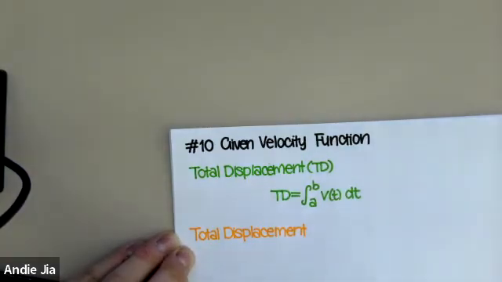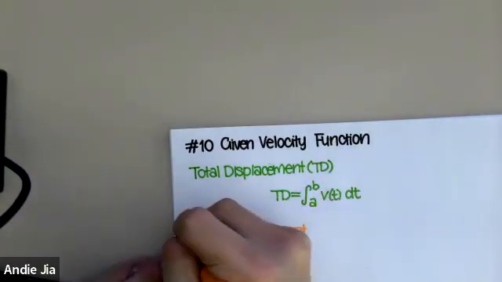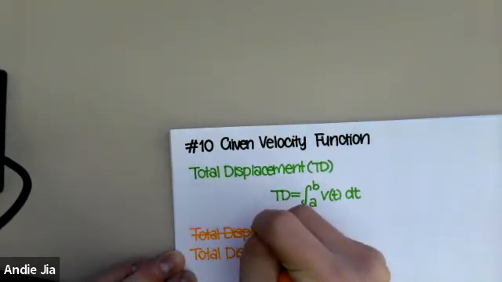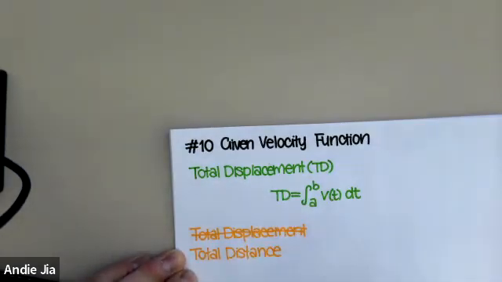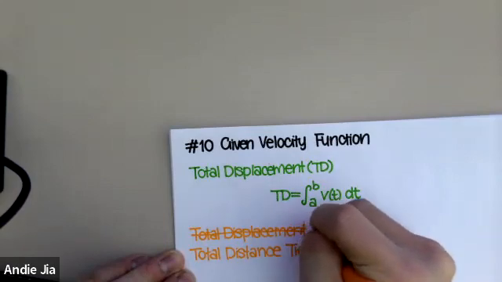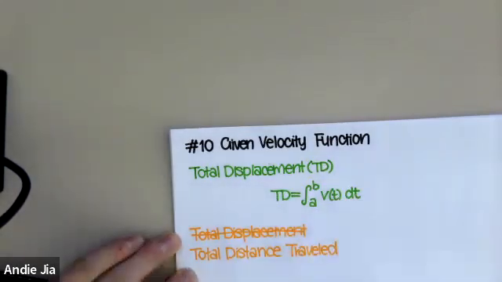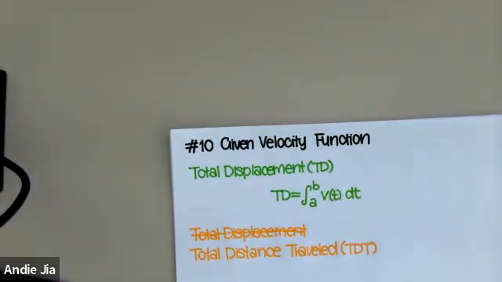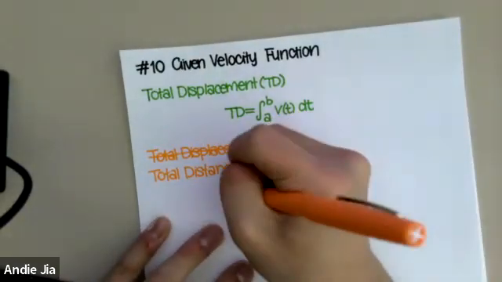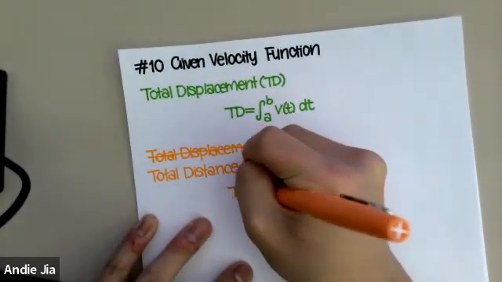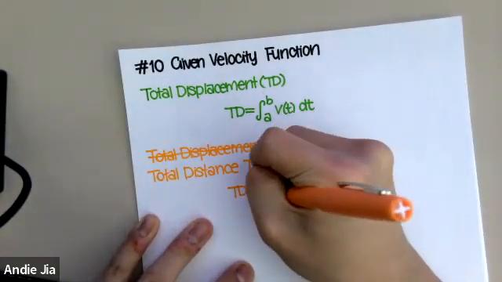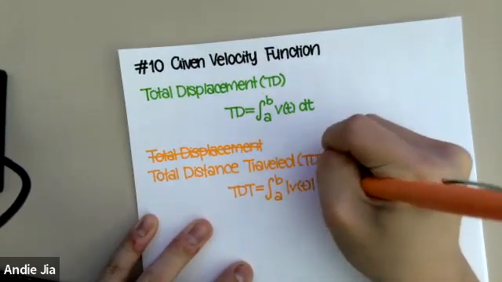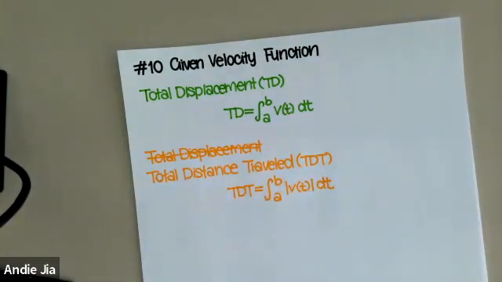So distance traveled is TDT, with the absolute value sign. That's the main difference.